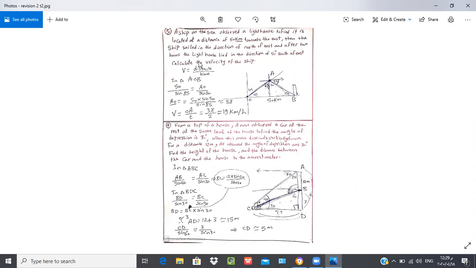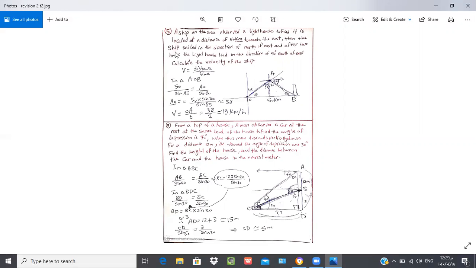It's a different idea. A ship on the sea observes a lighthouse located at a distance of 50 kilometers towards the east. He stands here and looks at the lighthouse. The distance between him and the lighthouse will be 50 kilometers, in the direction of east.